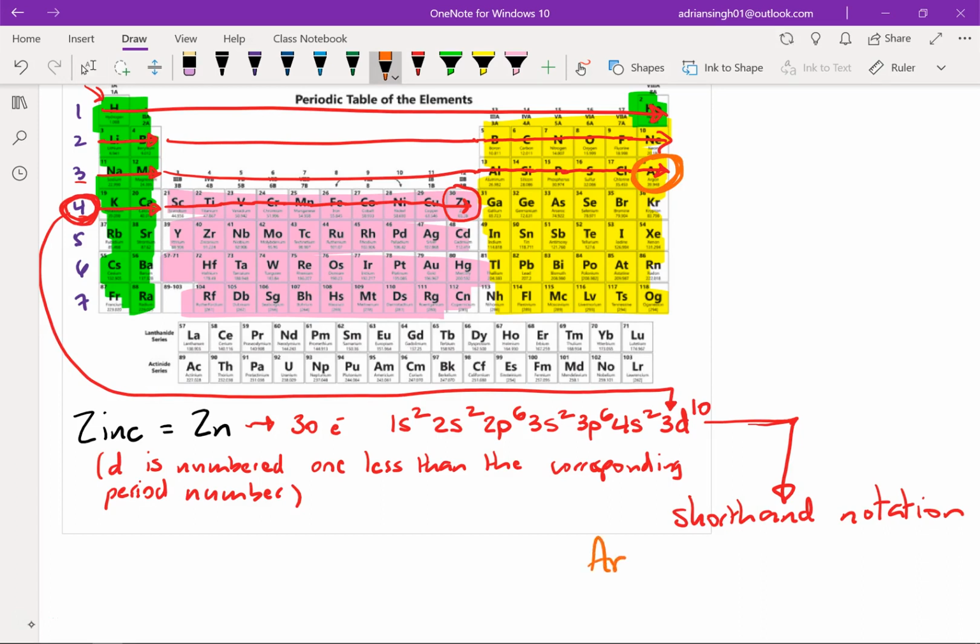So we can put argon in square brackets. That takes care of those 18 electrons, and then we go 4s2, 3d10. And that's your electron configuration using the periodic table, right? Putting argon in square brackets automatically accounts for these 18 electrons.